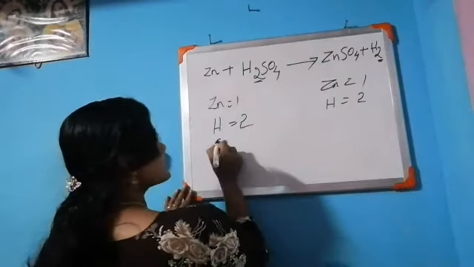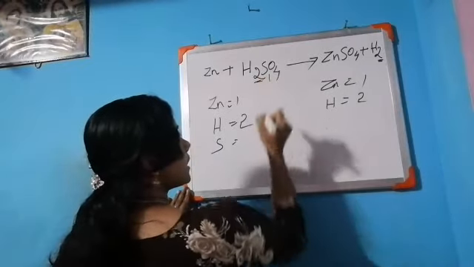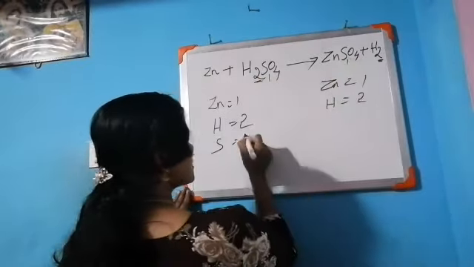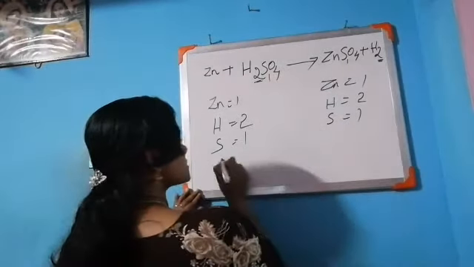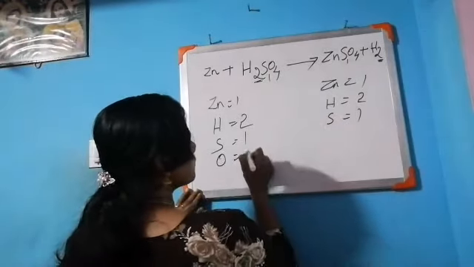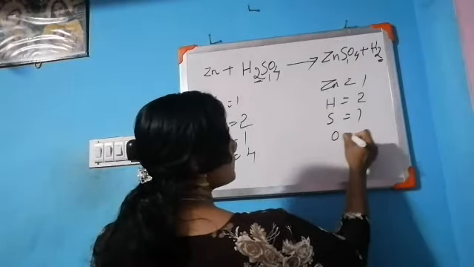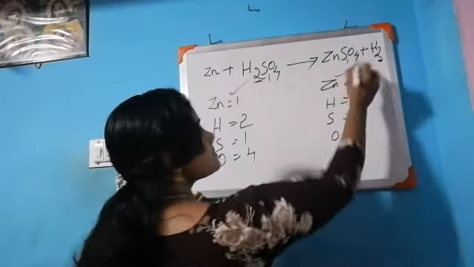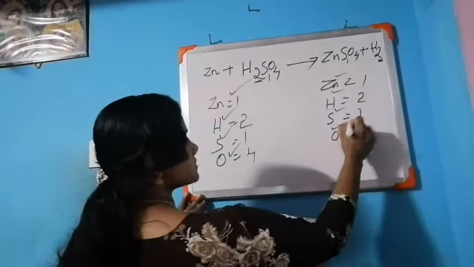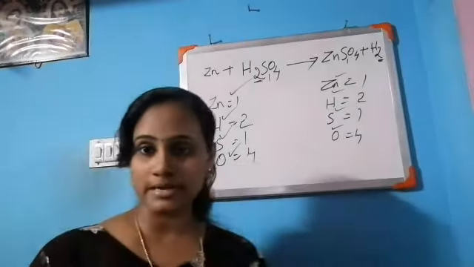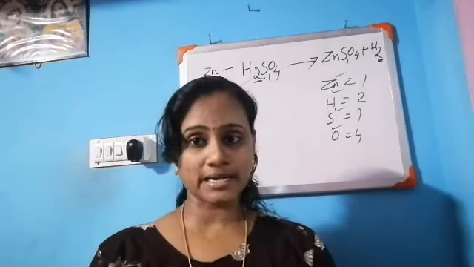How many sulfur? 1. Here, 1. How many oxygen? Oxygen number 4. Here, oxygen number 4. So same hydrogen, same sulfur, same oxygen. So this equation is balanced. No need to balance it.